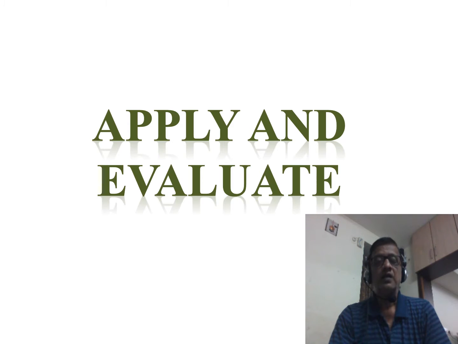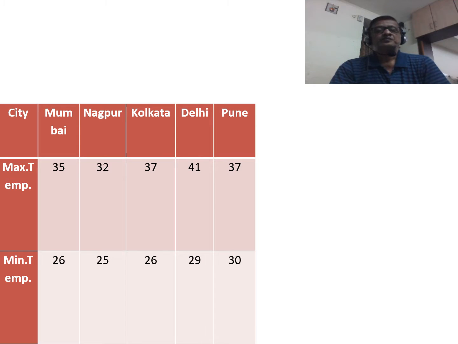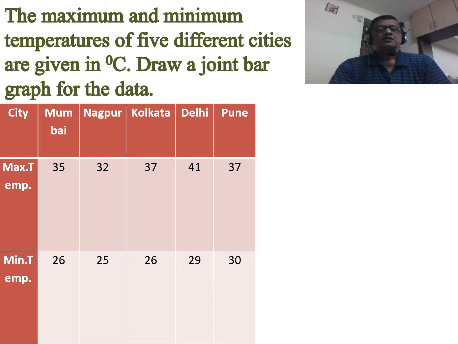Apply and evaluate. The maximum and minimum temperatures of 5 different cities are given in degrees Celsius. Draw a joint bar graph for the data. Observe the given table. Cities: Mumbai, Nagpur, Kolkata, Delhi, Pune.